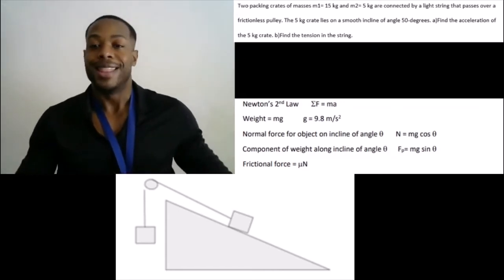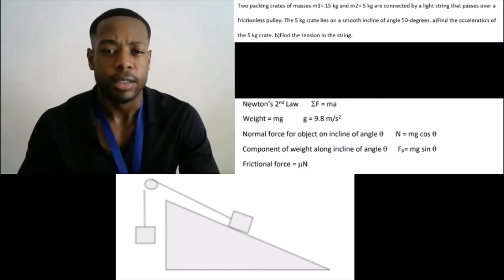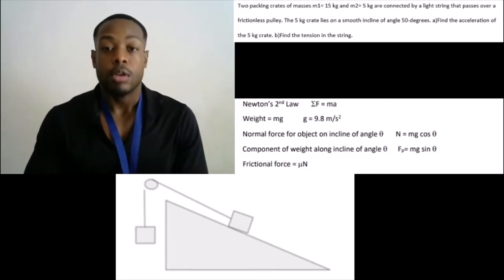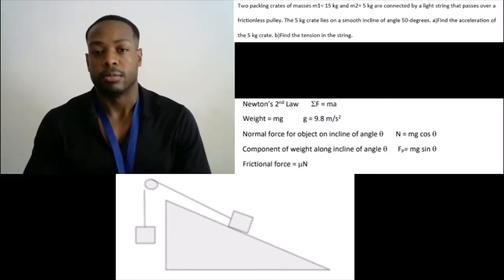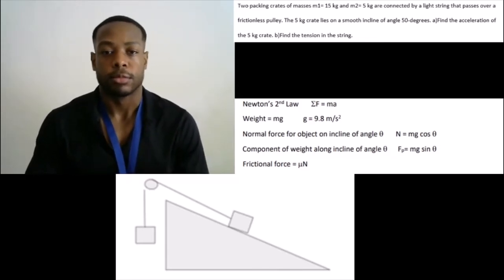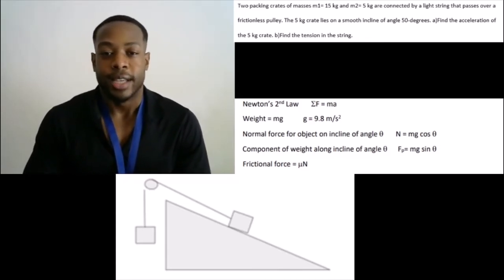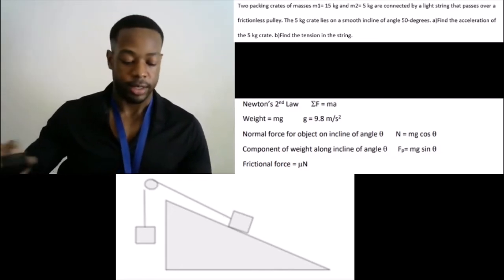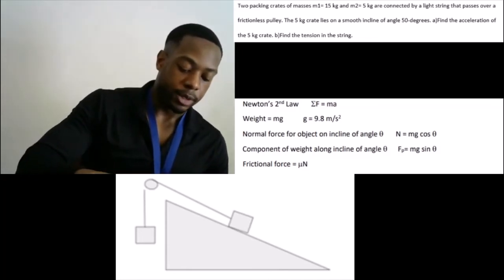We want to find the acceleration. So let's do that. How are we going to do that, do we think? If you set the two equations equal to each other, removing tension, you were exactly right. So we're going to say that tension 1 equals tension 2.